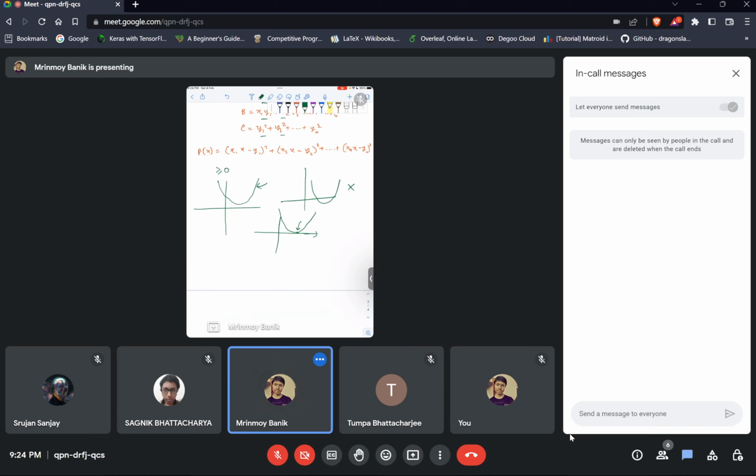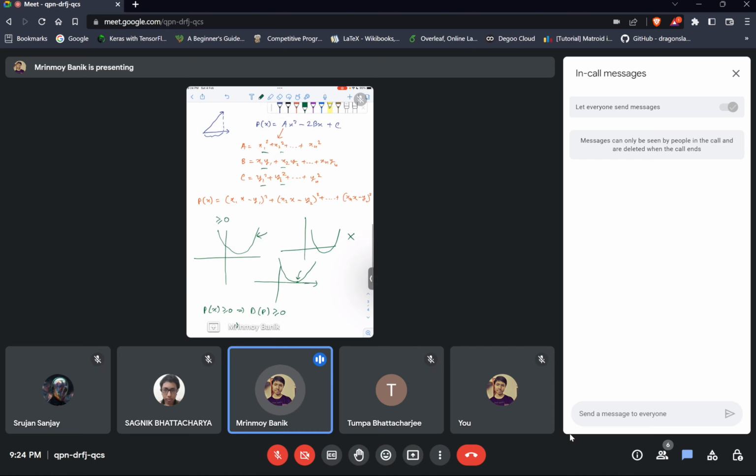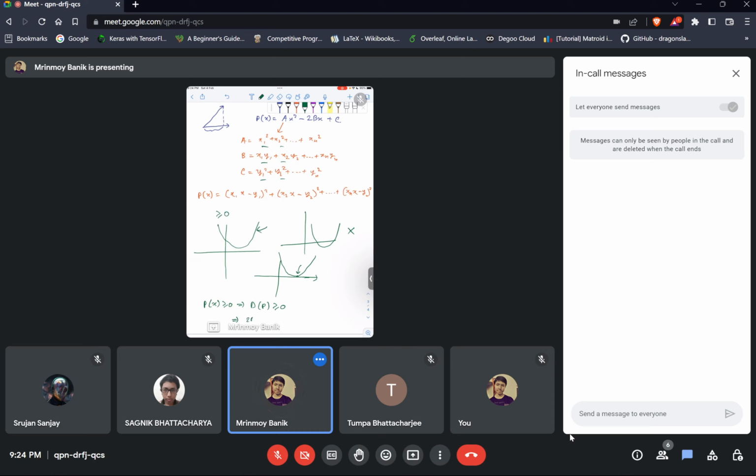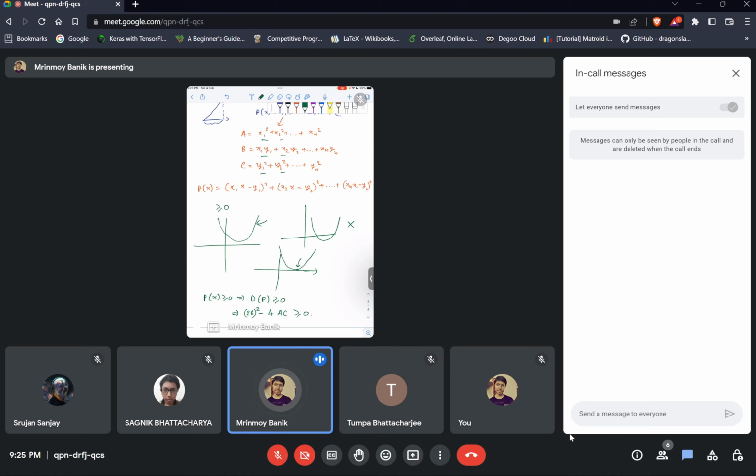So the condition for a quadratic to be positive everywhere is p(x) greater than or equal to 0 implies discriminant of p greater than or equal to 0. The discriminant of p is b squared minus 4ac. So this is greater than or equal to 0.